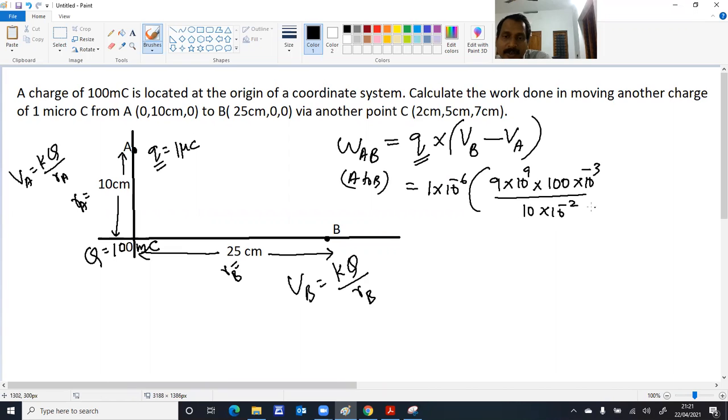So you should be doing final minus initial, right? Final potential, VB's RB is 25 centimeters. Actually, you should have taken it out without substituting, less work.